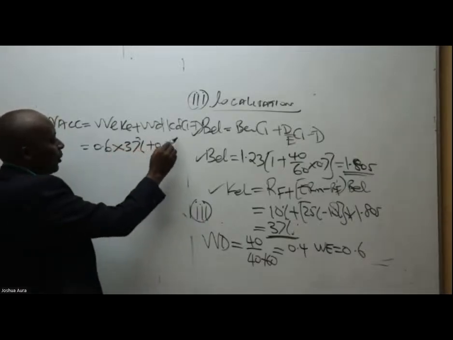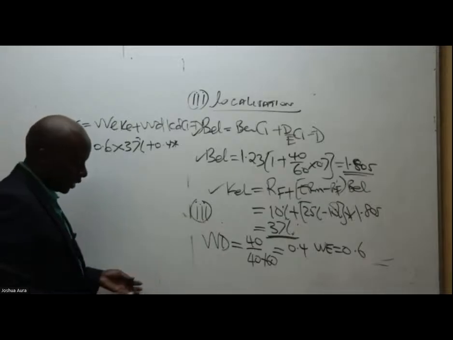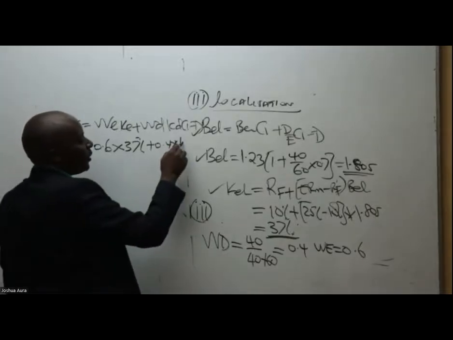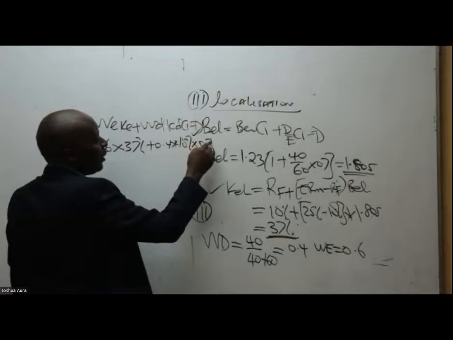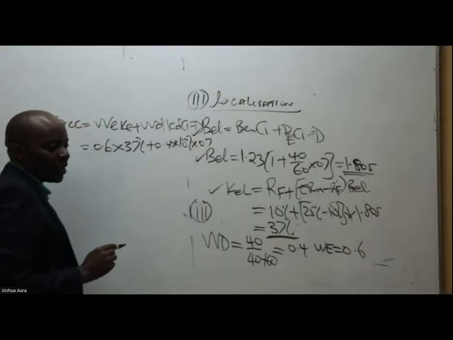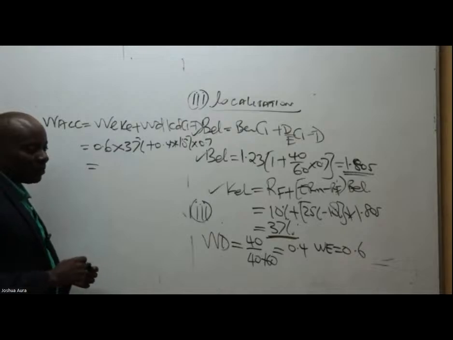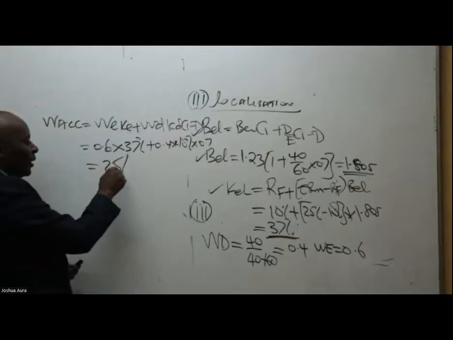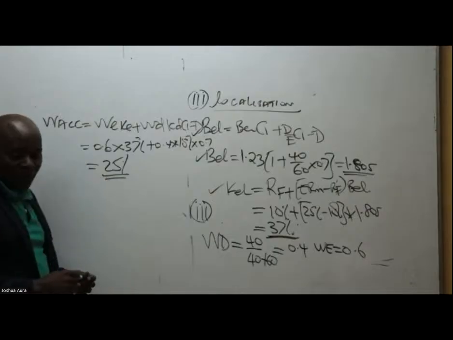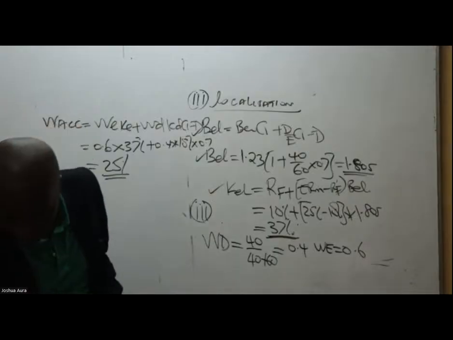Plus weight of debt 0.4 times cost of debt. Cost of debt is risk-free, which is 10%, multiplied by 1 minus tax, which is 0.7. Which then at the end of the day will end up giving us what figure, ladies and gentlemen? I want to believe what Fatima and the rest were giving me is very correct.